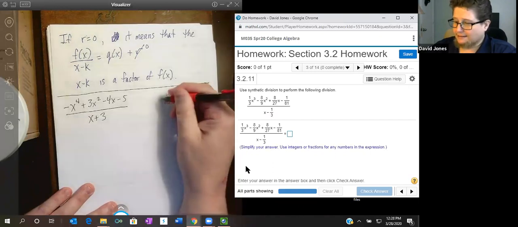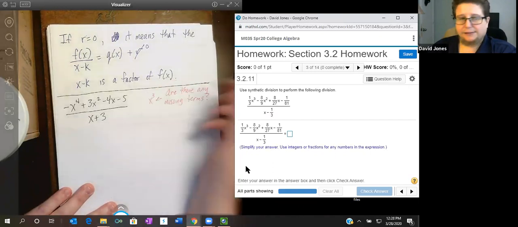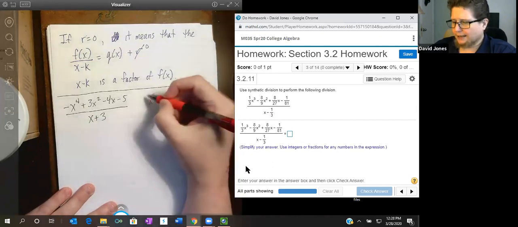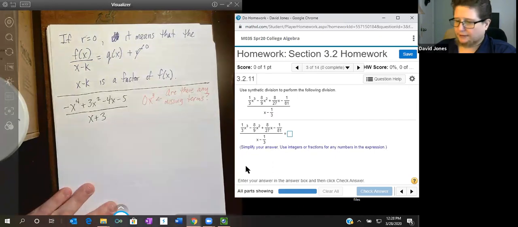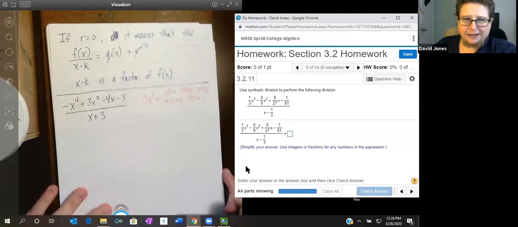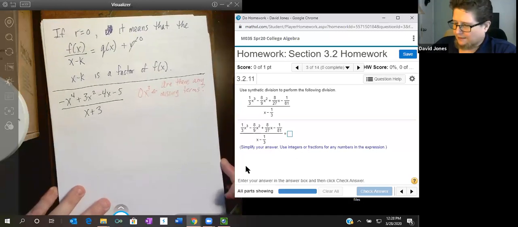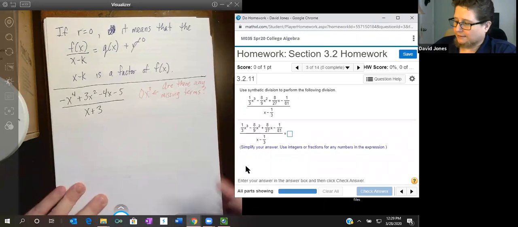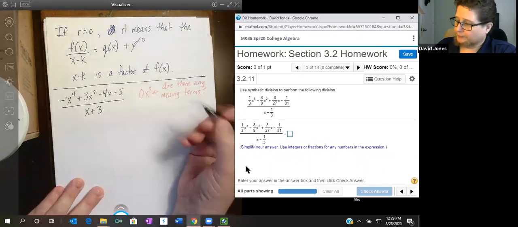There is. There's no x cubed. So we're going to treat it like there's a 0x cubed when we do our sky division or synthetic division. I call it sky division because the numbers are hanging in the sky and we bring them down.